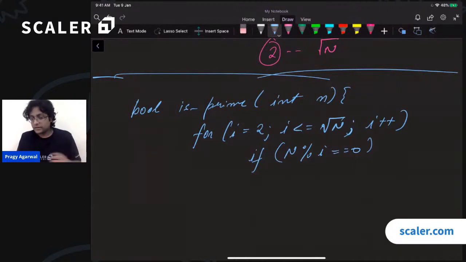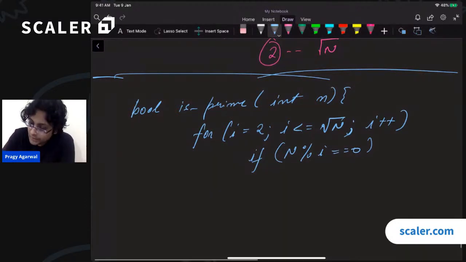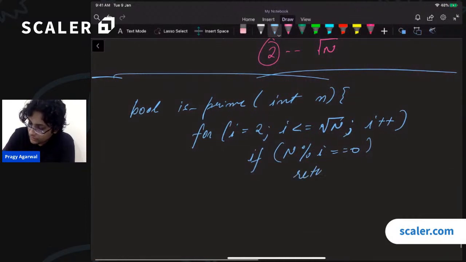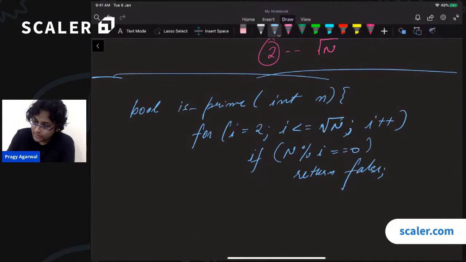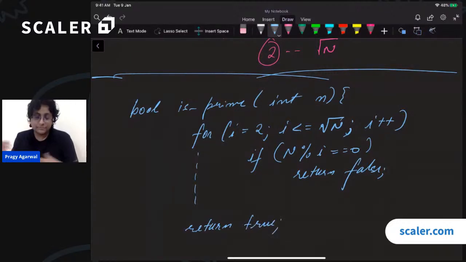Hey, we found a factor, so it must not be prime. If you found a factor between 2 and square root of n, it cannot be prime. So we'll just return false. And after this loop is done, we will return true, because if we did not find any factors except for 1 and n, then the number must be prime.